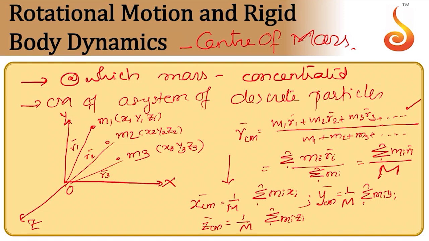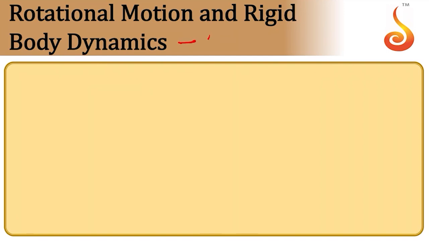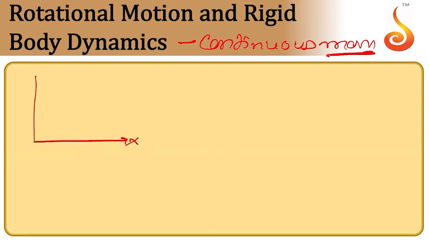But what if it is a continuous mass distribution? For example, we have this arrangement. You can consider this as x-axis, y-axis and z-axis, and you have a continuous mass distribution like say a rigid object of this form. Then assume that its mass is M. This is origin.